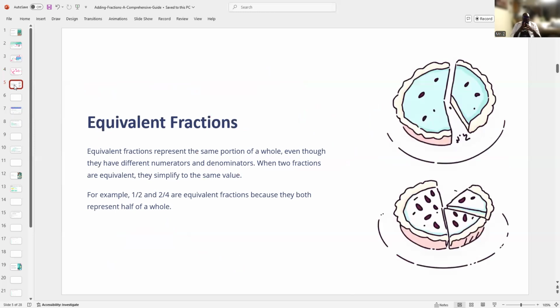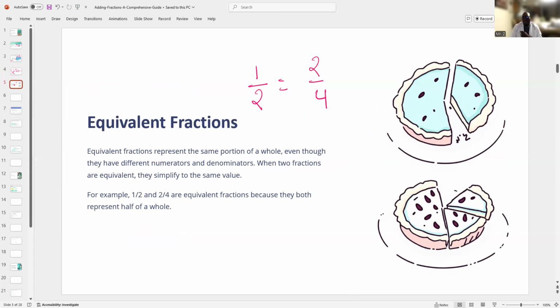Equivalent fraction, which one do we call equivalent fraction? It's two fractions that have the same value. Example, when I got 1 over 2, then I got 2 over 4. Even though those two don't share the same denominator, they both have the same value.